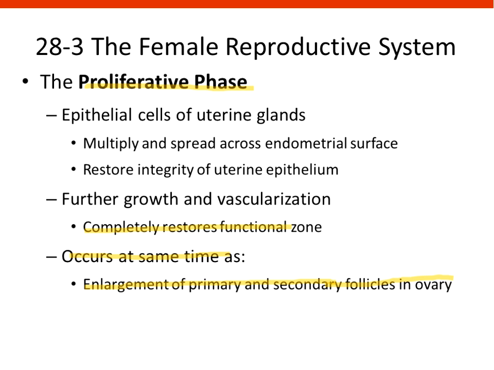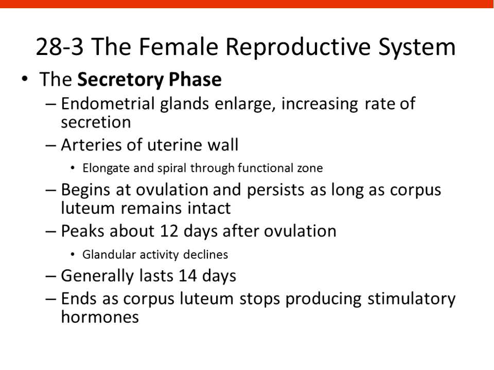And in the ovaries, the uterus is preparing, you know what, we might get fertilized this month, we might have fertilization, we want to make sure it's nice and soft and cushy, and we have enough blood supply and enough nutrients to support this fertilized egg if it does happen. So that the ovaries, they're beefing up to release this egg. So we're enlarging the primary and secondary follicles in preparation for this egg to be released.